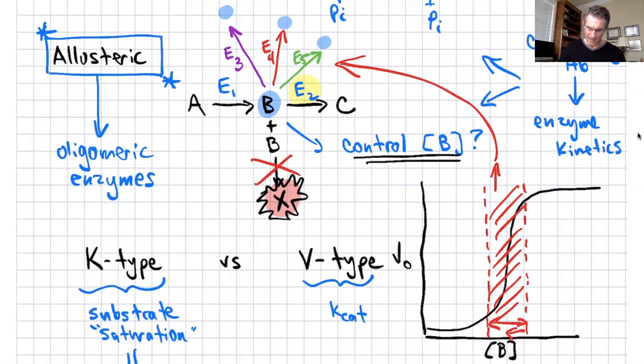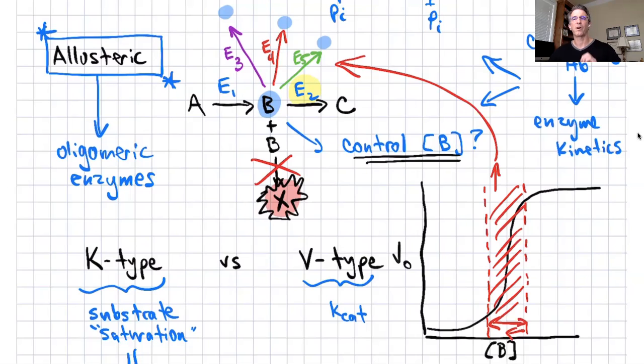But maintain enough of B so that these connected pathways can all maintain the flux they need to maintain for whatever has to happen, right? So again, this depends upon this idea of building an allosteric enzyme with this nonlinear response in its activity, its turnover, relative to the concentration of its substrate.